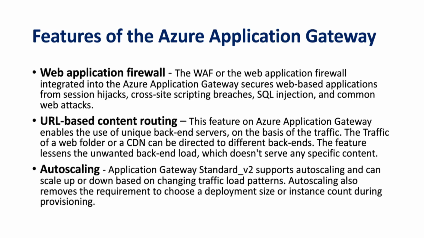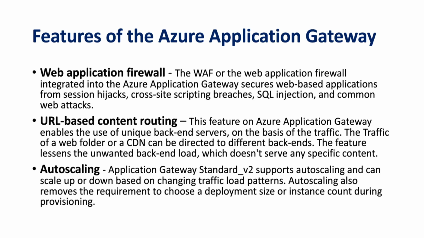In this case, the backend pools will unnecessarily suffer, because we are putting load on those servers and there is no use processing the request on that particular pool. With the help of URL based content routing, we can minimize the unnecessary load on the backend pools.